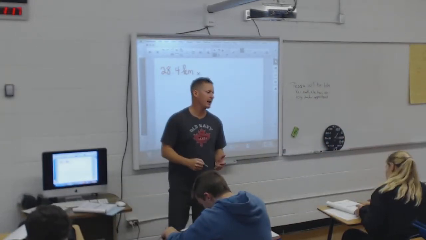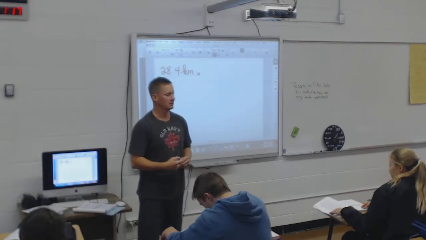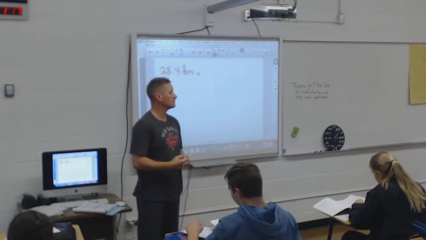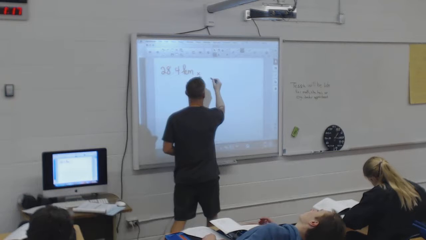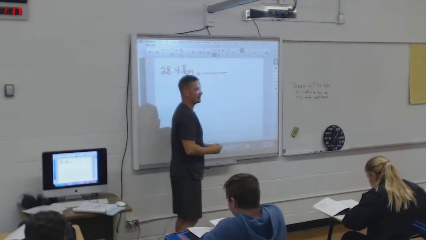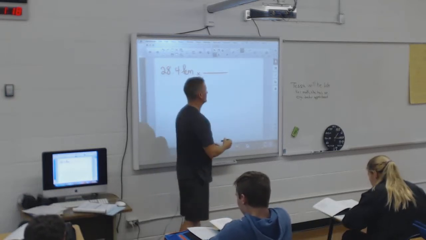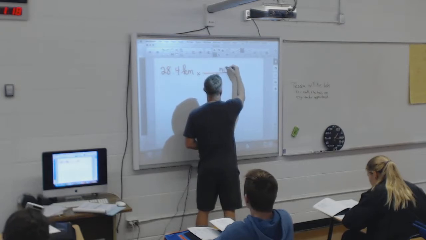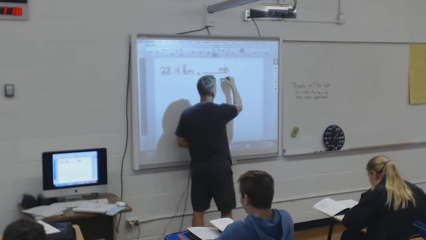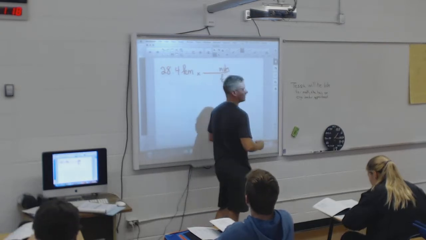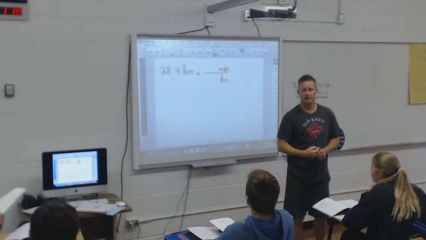So what's the first thing that I do? Draw my line first, exactly. And what are the units I'm looking for on top? Miles. And which ones am I getting rid of? Kilometers. So I make sure that they're flipped, right?